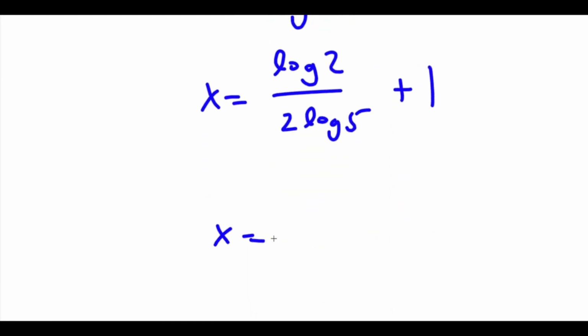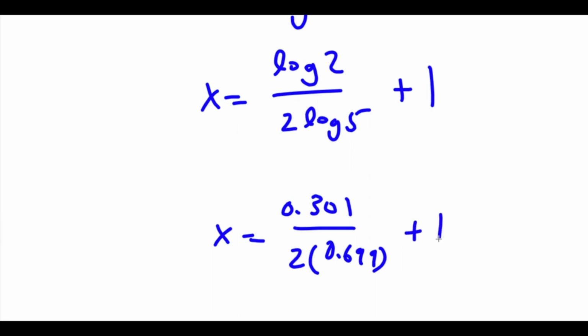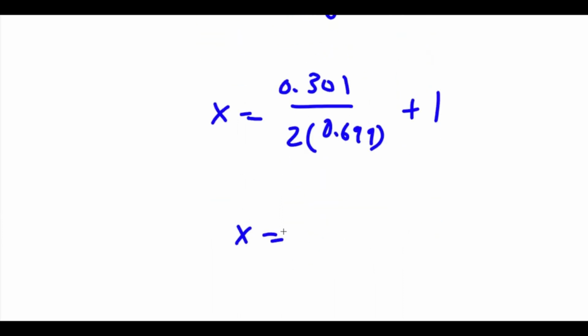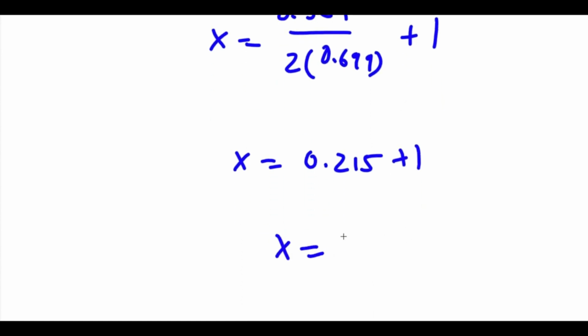Now log 2, this is equal to 0.301, and log 5, this is equal to 0.699. So now if I divide these two, I get 0.215 plus 1. So our answer is 1.215.